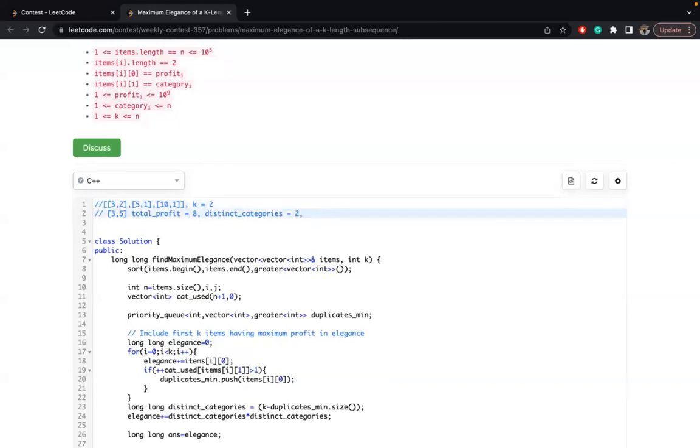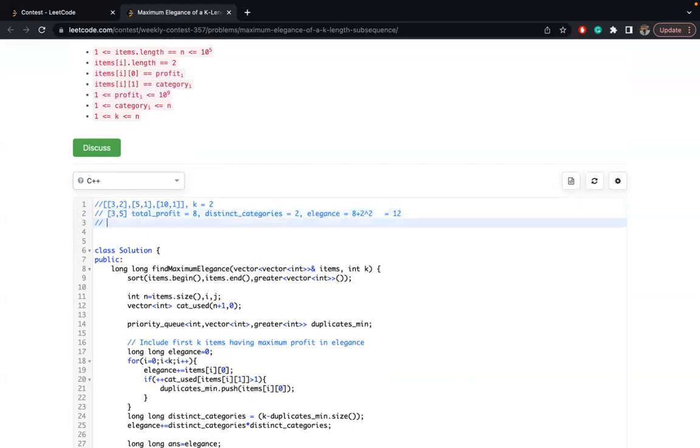So what should be the elegance of this? Elegance will be 8 plus 2 squared, that means 8 plus 4, and that is 12. Let's find another subsequence. Another subsequence possible is 3 and 10.